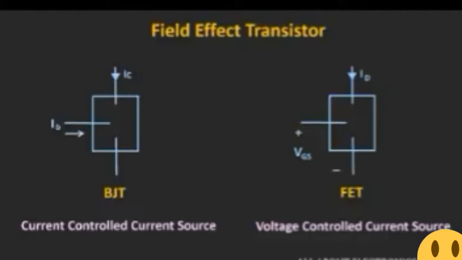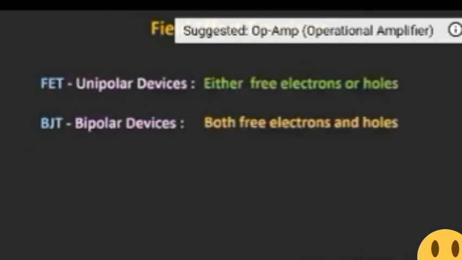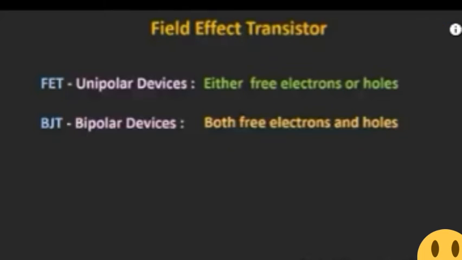So this is one of the differences. The second difference is that the FET is a unipolar device while the BJT is a bipolar device, meaning that the BJT relies on two types of charges, the free electrons and the holes, but the operation of the FET relies on either holes or electrons.